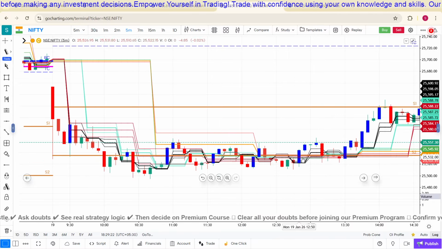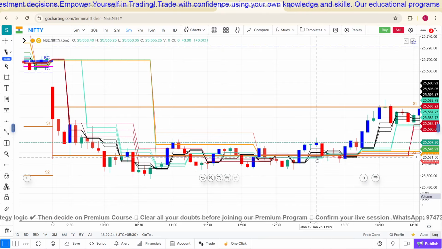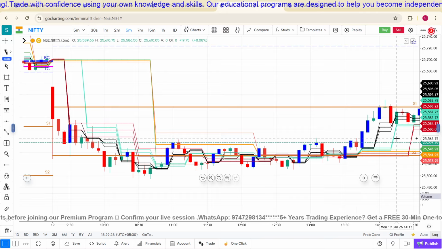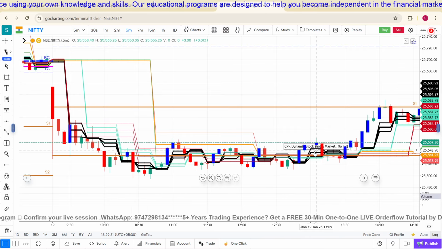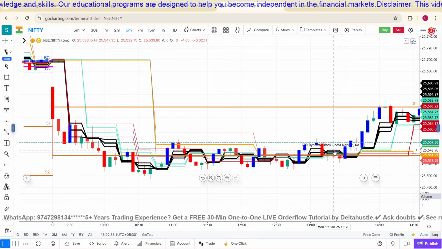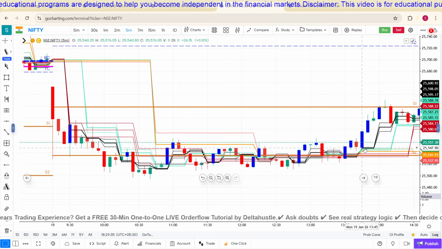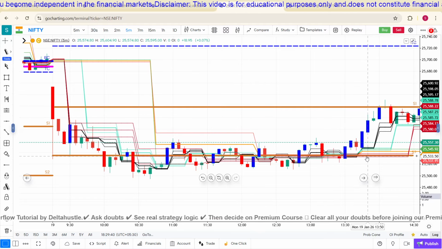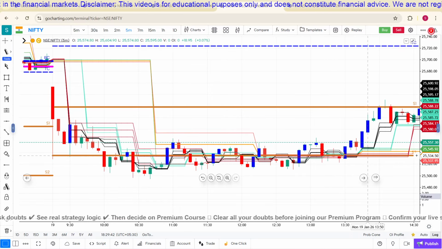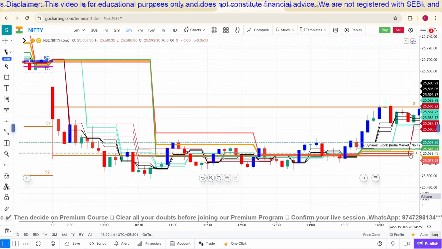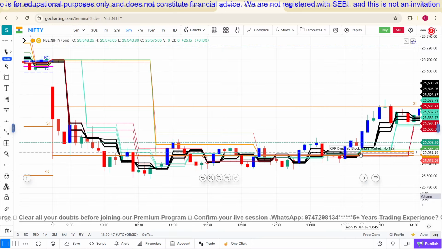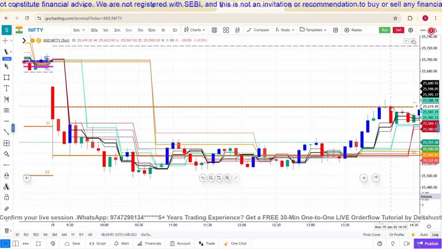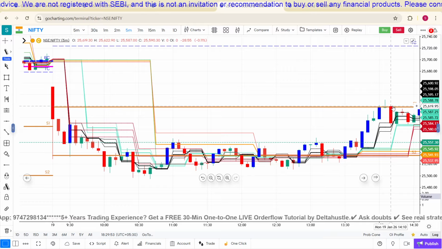And we need a correct alignment. 15 minutes CPR on the top, narrow, and this is wide, and this is also wide. But here you can see 15 minutes on the top, 30 minutes lower, and 90 minutes lower than that. And it is in an important support zone. So this support 2 breakout has happened here. See, it has gone up to support 1 exactly.